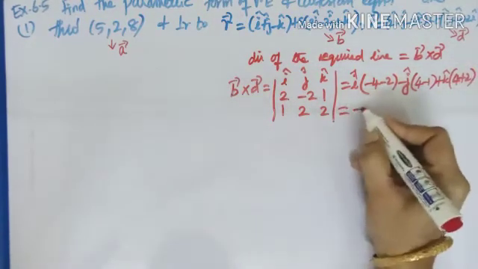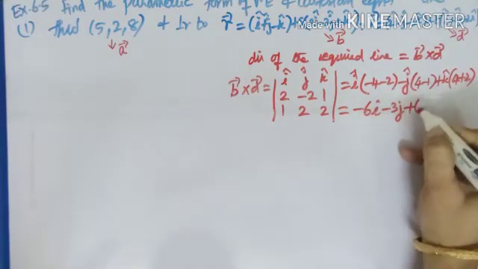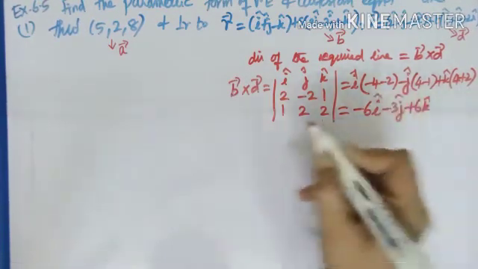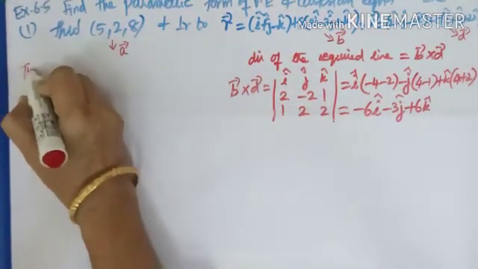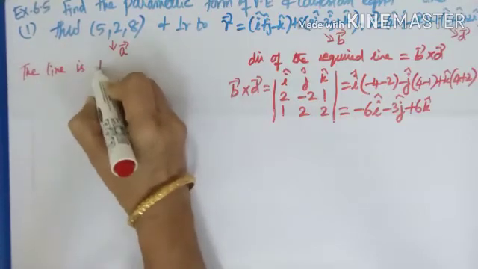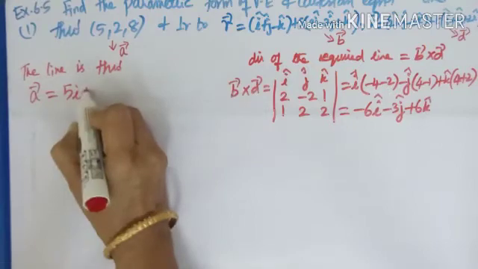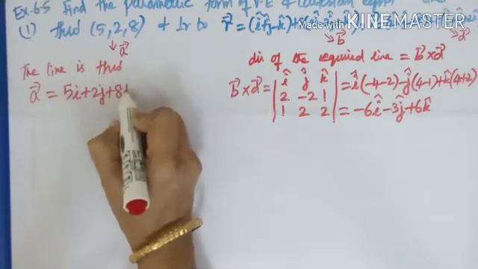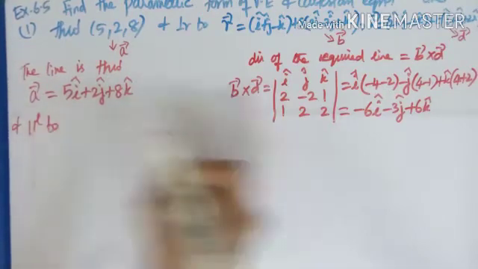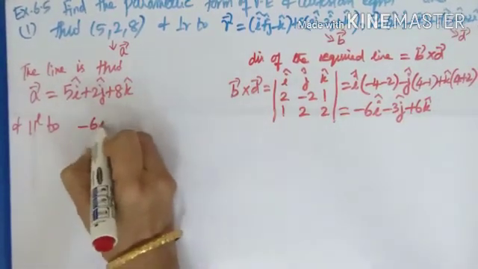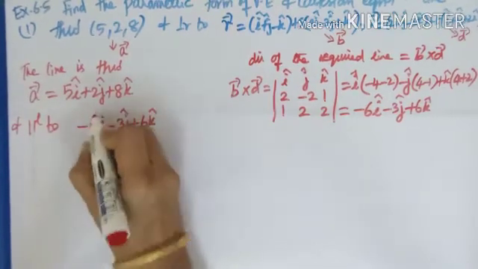So we get minus 6I minus 3J plus 6K. So this is B cross D. So the line is through A vector, that is 5I plus 2J plus 8K, and parallel to the direction minus 6I minus 3J plus 6K.